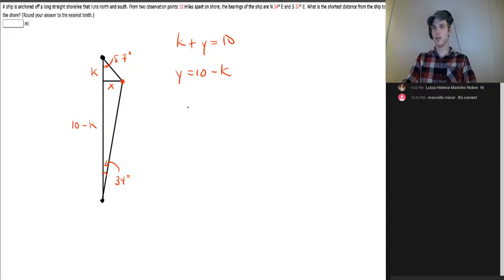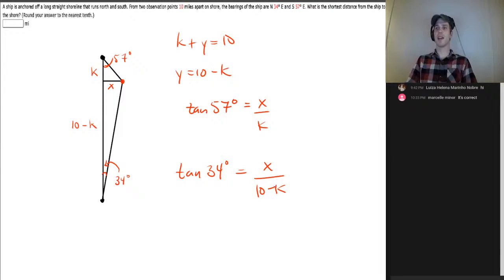So we can make the tangent of 57 degrees equal to X over K. And then I can make the tangent of 34 degrees equal to X over 10 minus K. Now everything's in terms of X and K. If I multiply both sides, this gives X equals K times the tangent of 57.